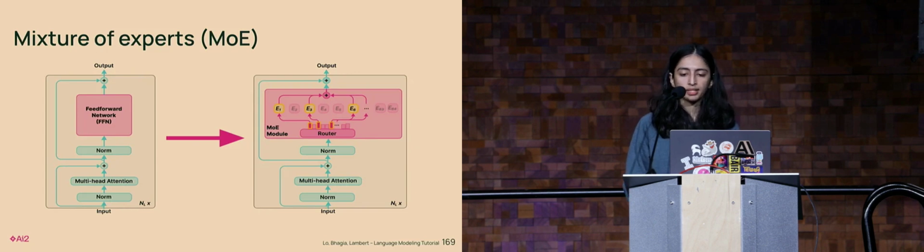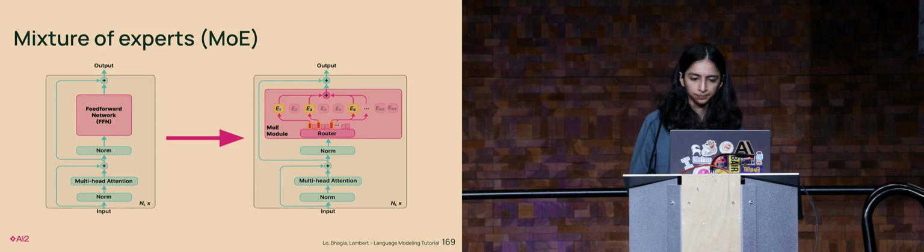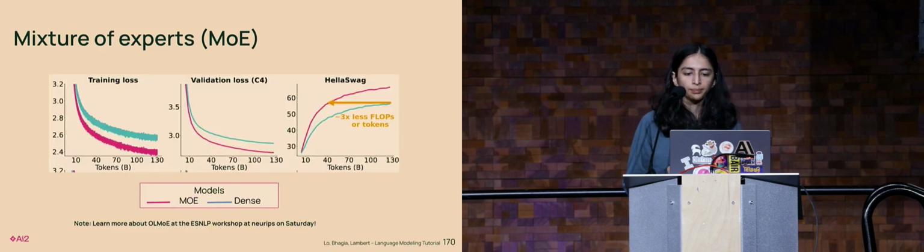This makes MoEs significantly more efficient than dense models with a similar number of total parameters. So dense models activate all parameters for every input, and MoEs don't. Practically, we can get to similar accuracy or similar loss using fewer tokens or training flops. If you want to learn more about that, there is a workshop on Saturday that discusses this more.